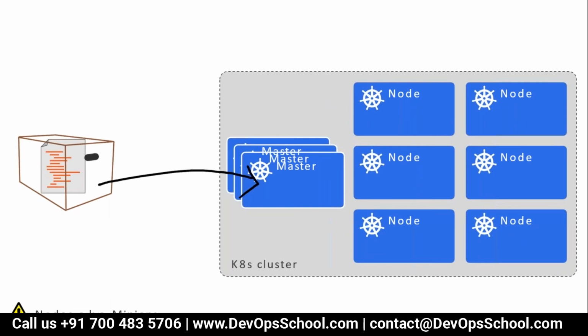Now master controls everything, every node, but who controls the master? One package controls the master, which is coming from outside. Master does everything, but master is controlled by the package which is coming from the outside.